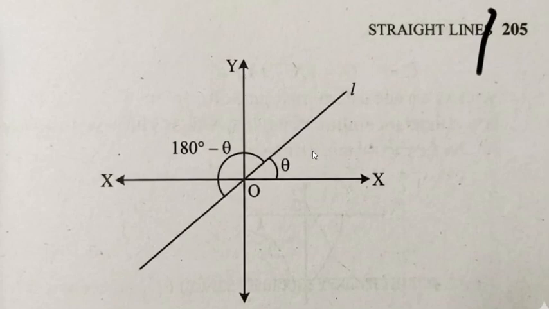If you draw a line here which makes an angle with the x-axis, there are two sides, one on the positive side and another on the negative side. They are supplementary; the sum of the angles is 180 degrees. Whatever angle it makes with the positive direction of the x-axis, measured in the anti-clockwise direction, is called the inclination of that line. This is the meaning of that.